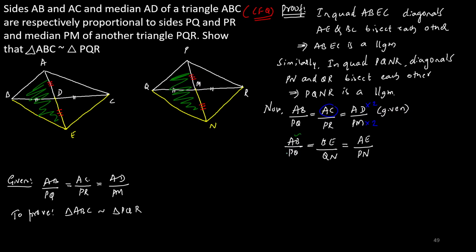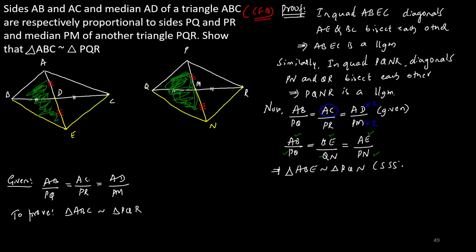AB by PQ, BE by QN, AE by PN, they are proportional sides. All three sides of this triangle are proportional to all three sides of this triangle. So I can say triangle ABE is similar to triangle PQN.